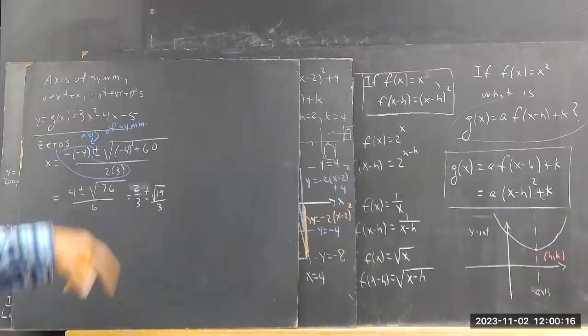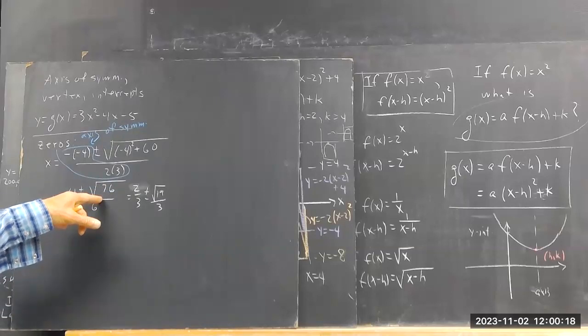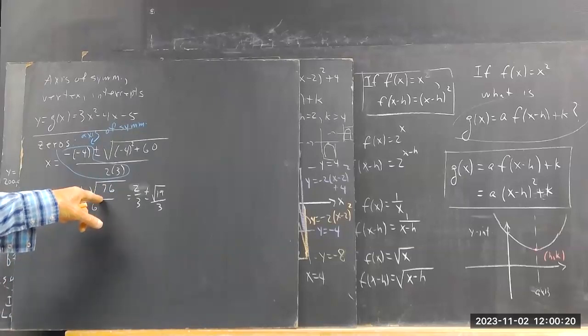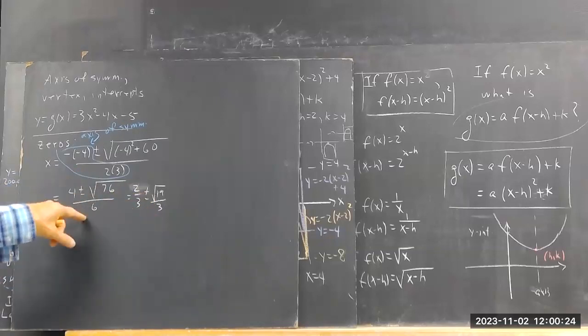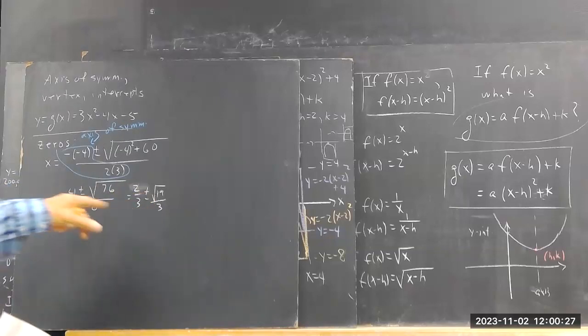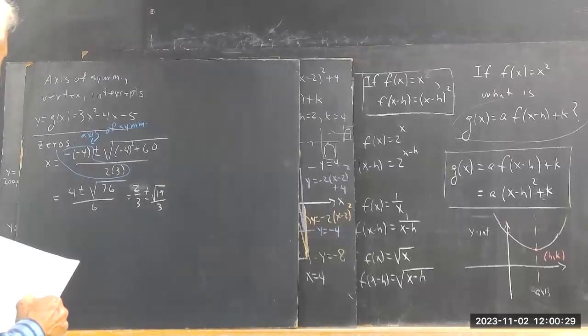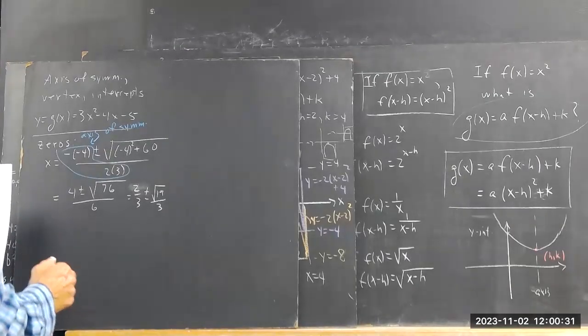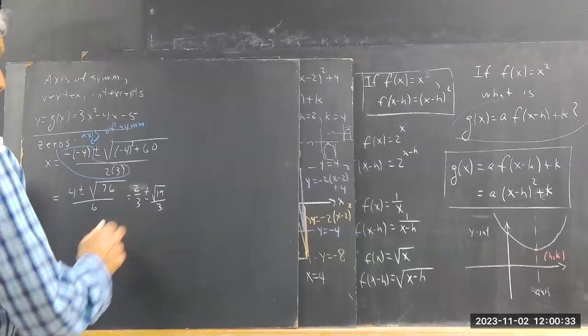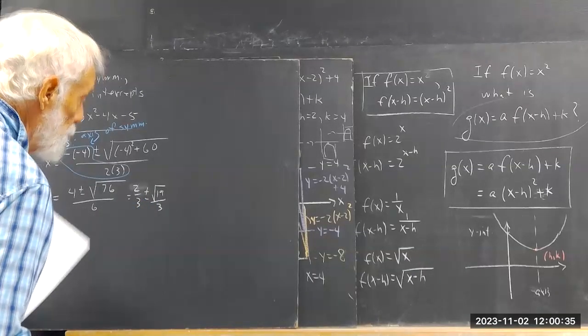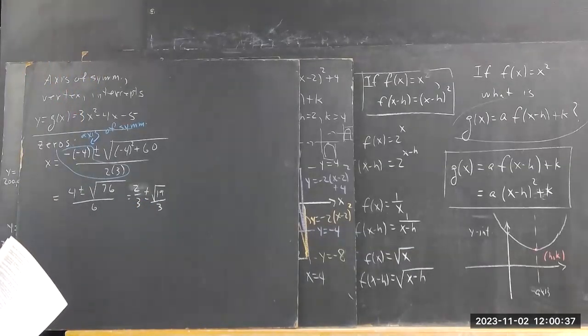And you simplify that: you factor 4 out, you get 4 times 19. Square root of 4 is 2, and 2 divides into 6 3 times. So that's how this one simplifies. And I'd like to see this because it's important for other things you have to do.